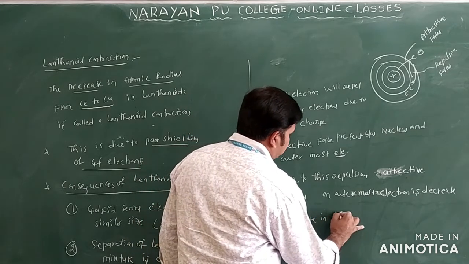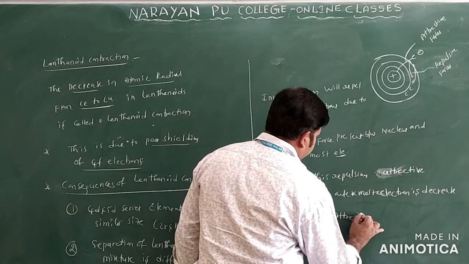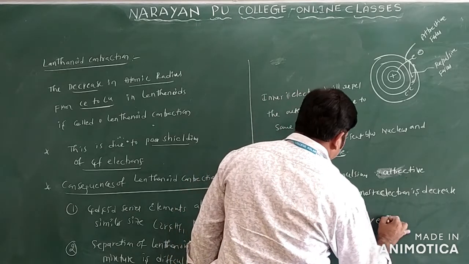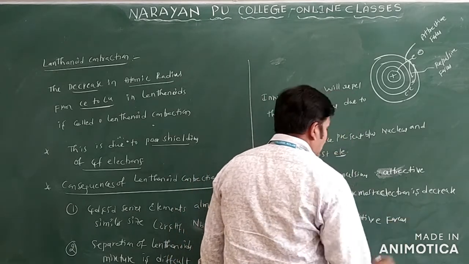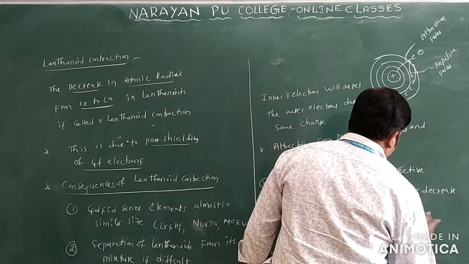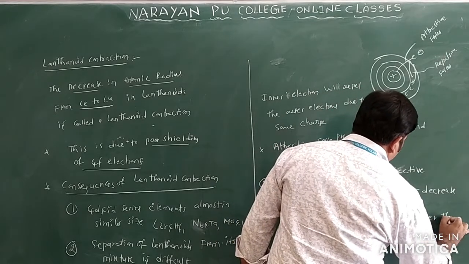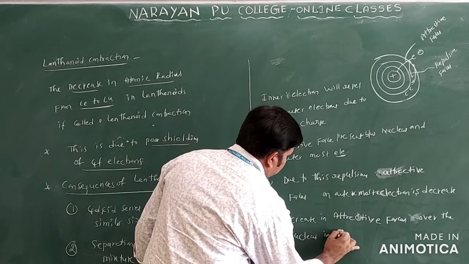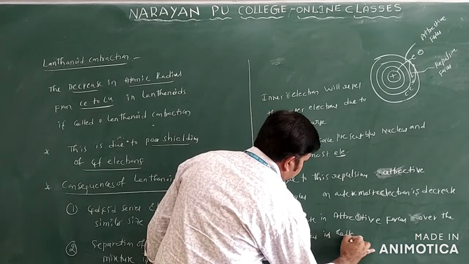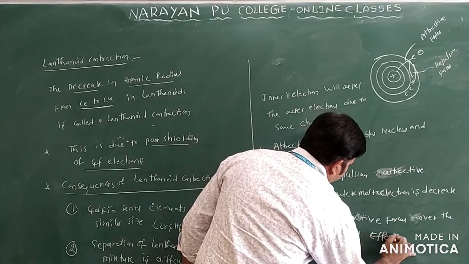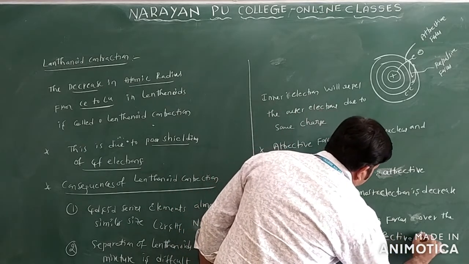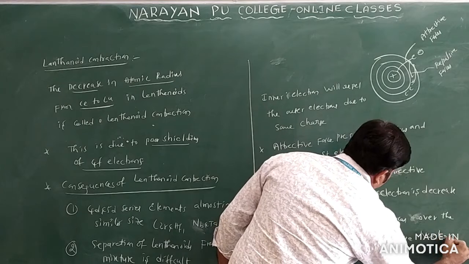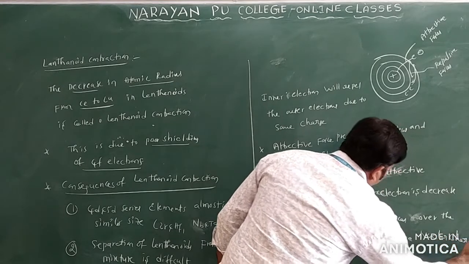The decrease in attractive forces over the outermost electron is called the effective nuclear charge.